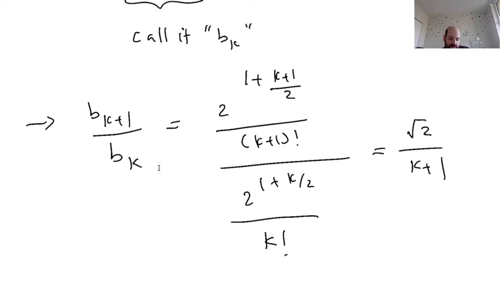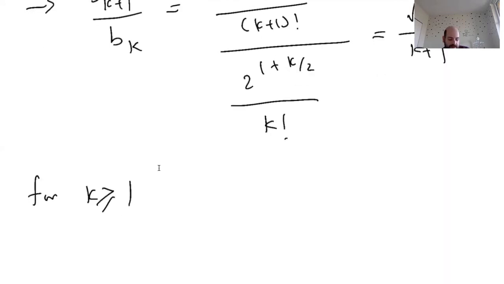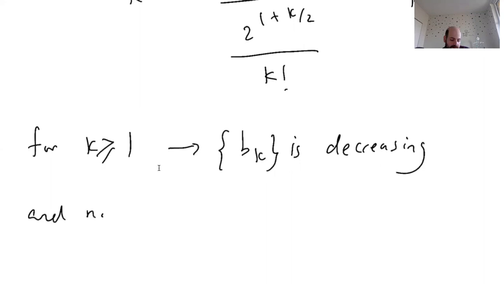And this is going to be less than 1 for k bigger than or equal to 1. So that means bk is decreasing, right? So bk is decreasing. So once it gets less than 1, it will always stay less than 1 because it's decreasing.